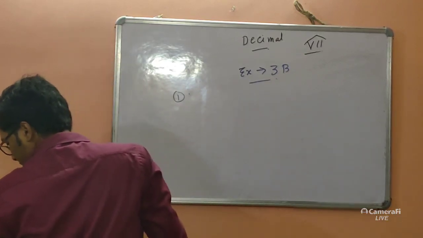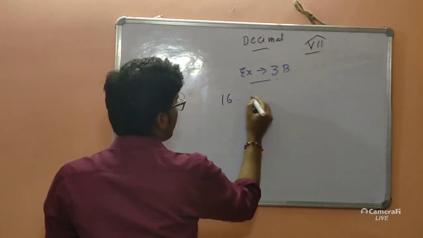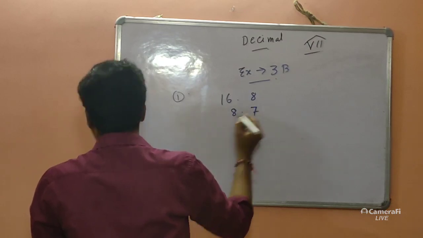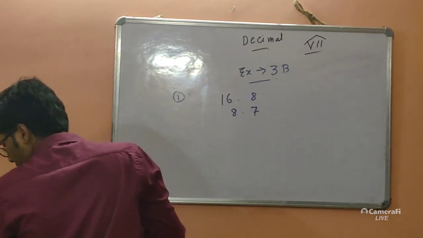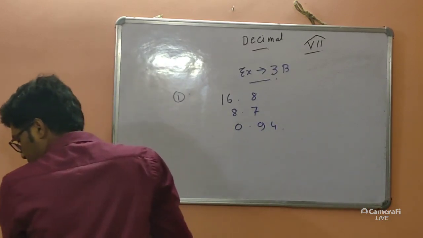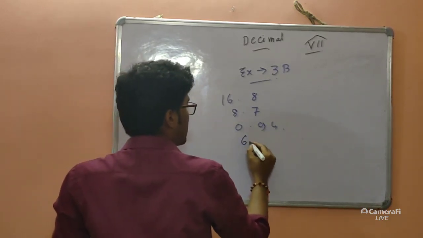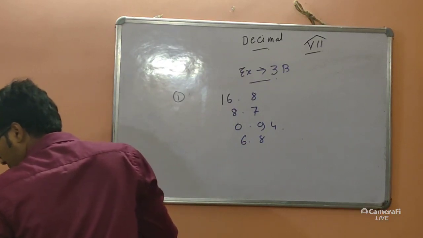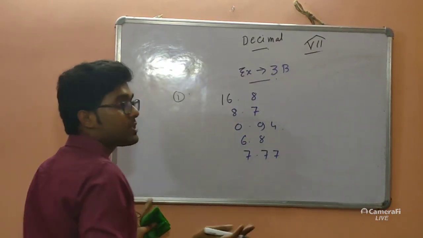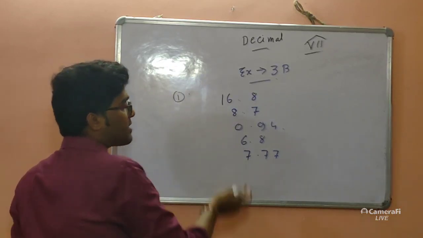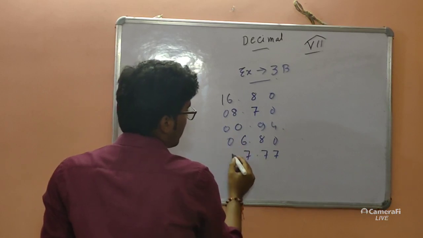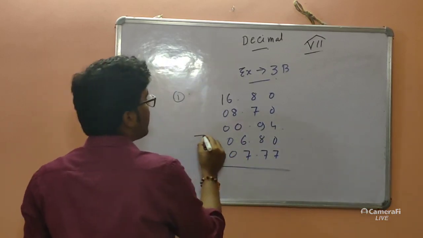Let us see the sum. 16.8, 8.7, 0.94, 6.8, and 7.77. Your first task is to convert them into like decimals, as we have discussed in our previous exercise. Now you can easily add.